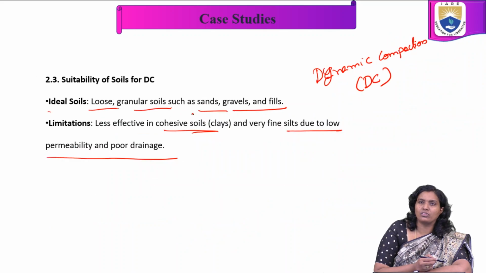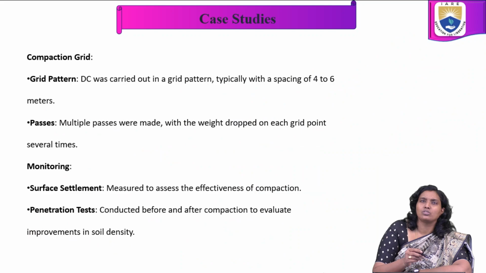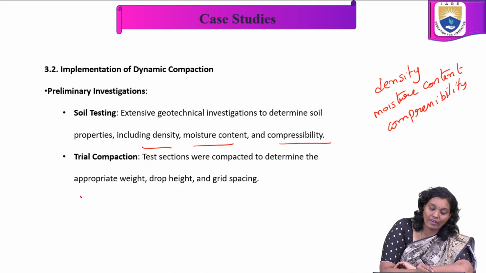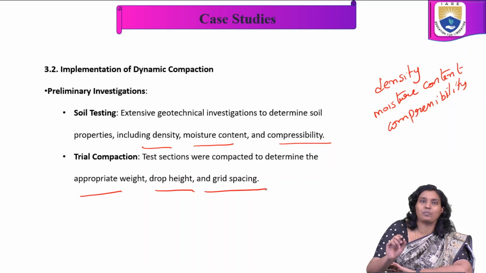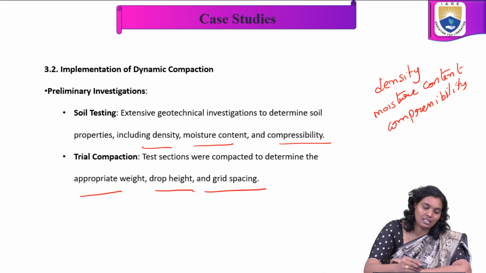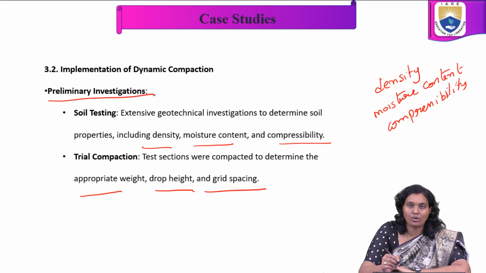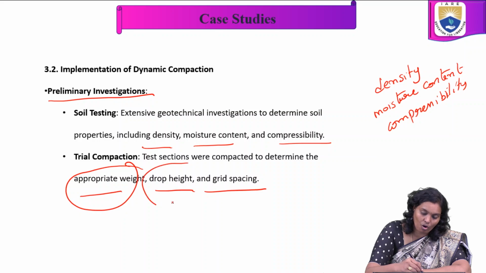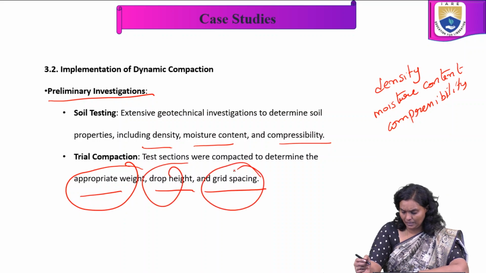Once we determine all these properties, test sections are compacted to determine the appropriate weight, drop height and grid spacing. These are the preliminary investigations we have to do to get the appropriate weight, drop height and grid spacing.